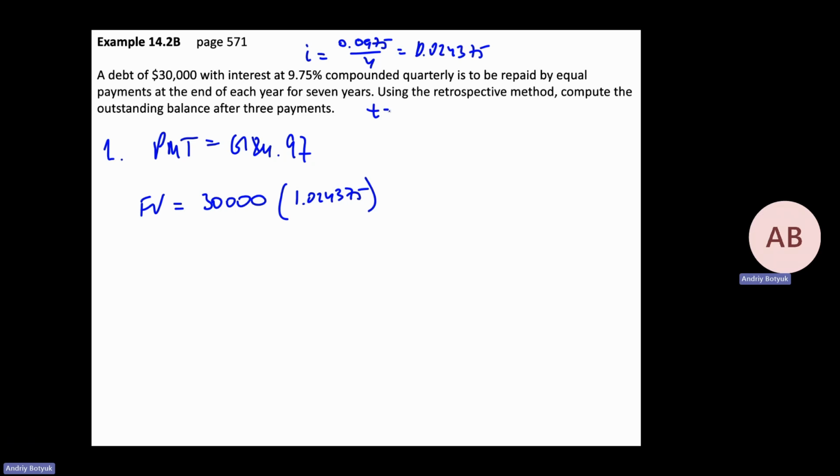So 3 payments, that's T is 3 years, right? Yes or no? Now, since I compound quarterly, within 3 years, how many times are we going to compound? 12. So here we have to be careful. Depending on what interest rate we use, quarterly or yearly, I or P, we need to make sure we use the proper exponent. So let's do it.